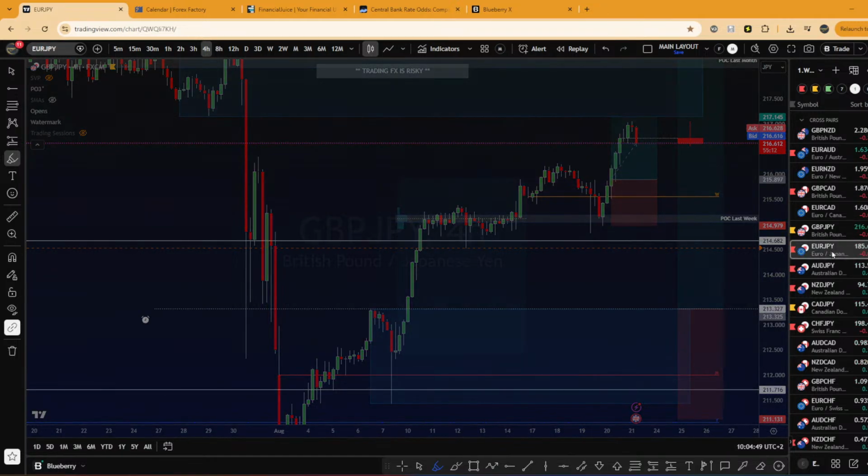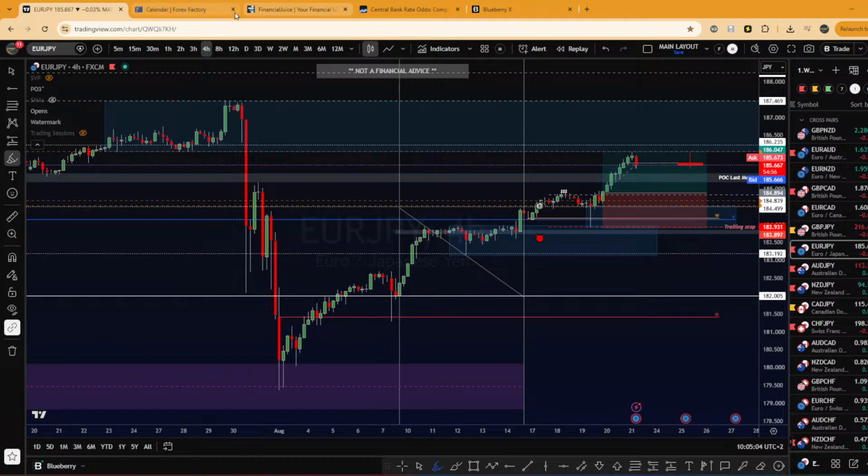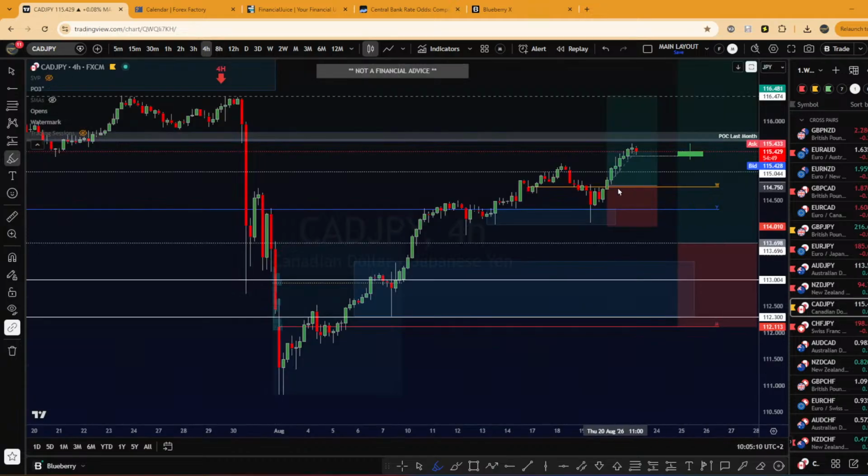Same thing on euro yen, and I think CAD yen was the same. So yeah, another opportunity, but I didn't take it because I was already on euro yen. So pretty good movement this week on yen pairs.